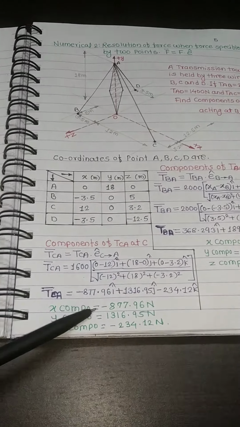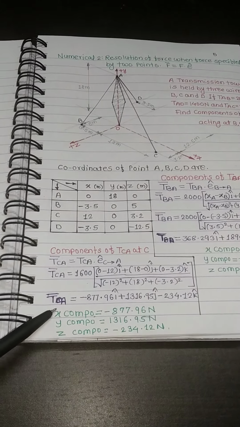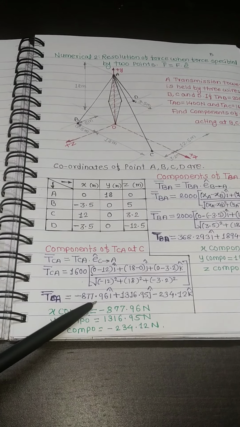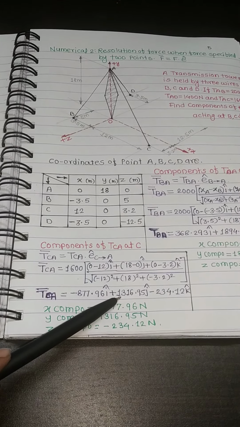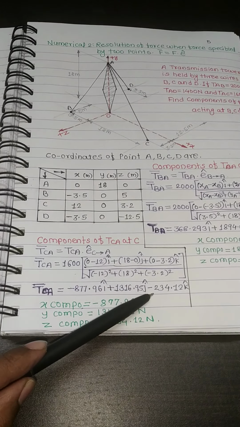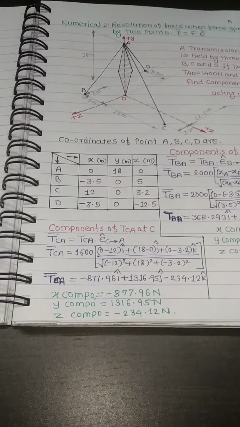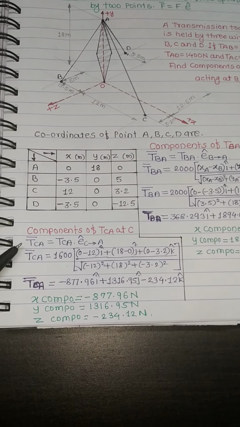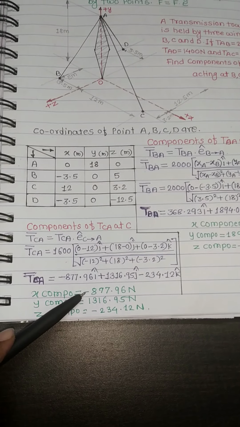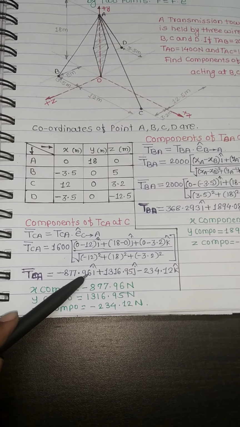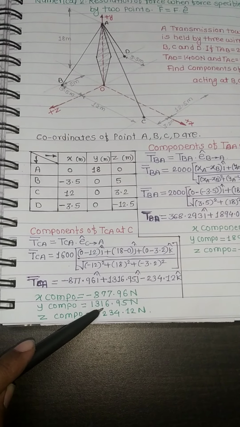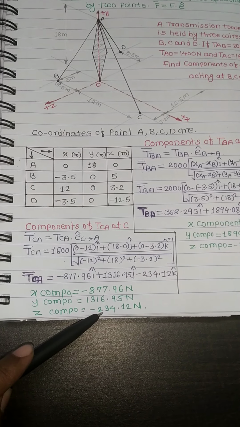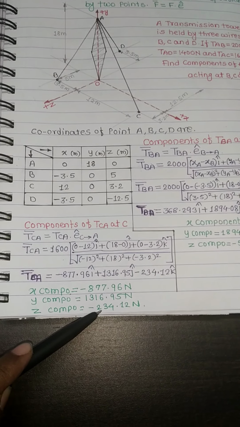With that, we have expressed the equation and we got the components of TCA equal to minus 877.96 I cap plus 1316.95 J cap minus 234.12 K cap. And in this case, we can say the X component of TCA is minus 877.96 Newton because it is defined with I cap. 1316.95 is defined with J cap, and 234.12 Newton is defined with K cap.